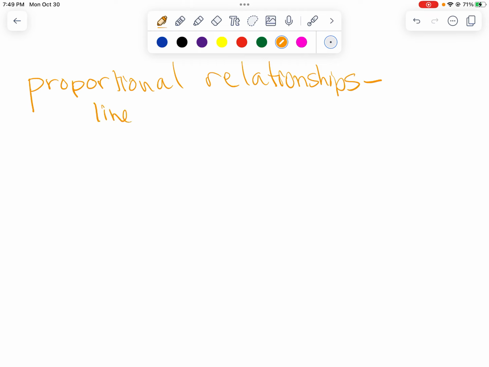They are linear and go through (0, 0). It's very important. We talked about that.